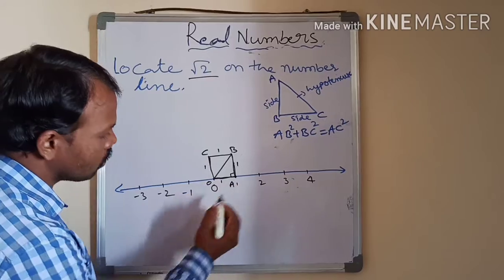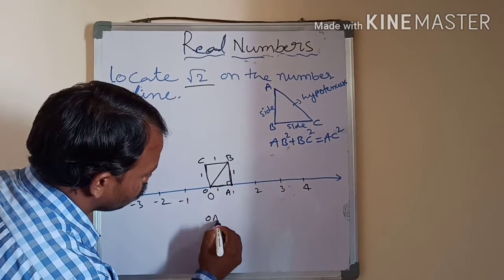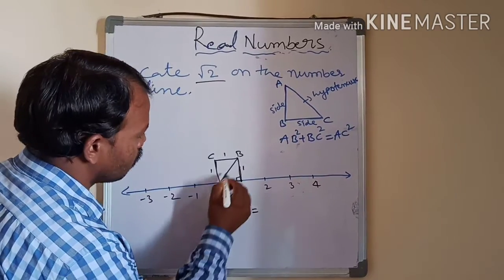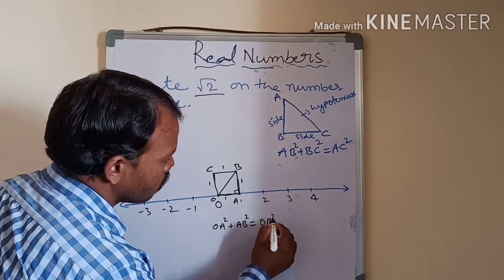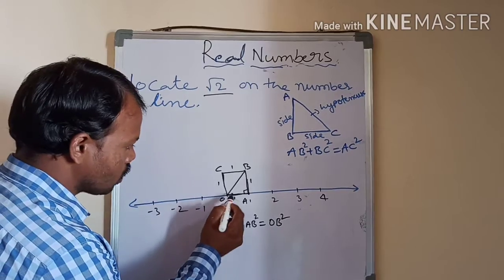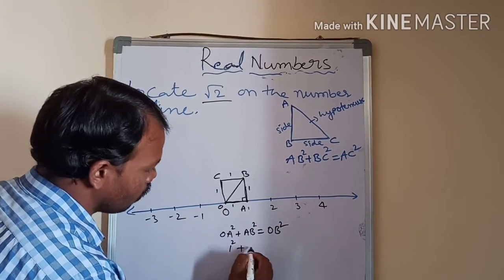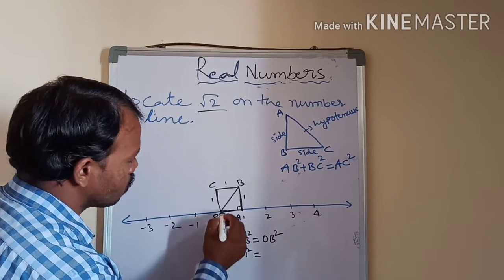By using the Pythagoras theorem, OA square plus AB square is equal to OB square. What is the length of OA? 1 unit. And what is AB? 1 unit. And what is OB?